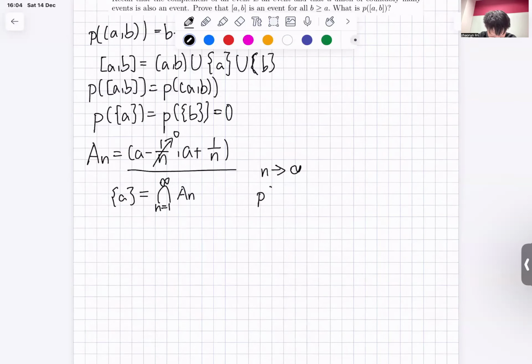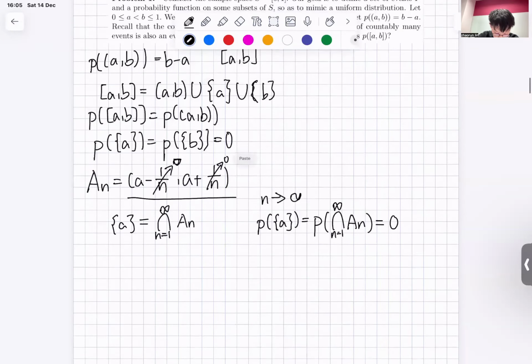As n tends to infinity, the probability of the intersection of all such A_n is 0, because this part goes to 0 and it's just a singleton event.